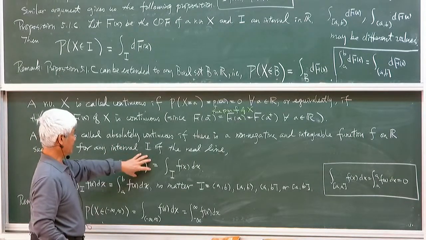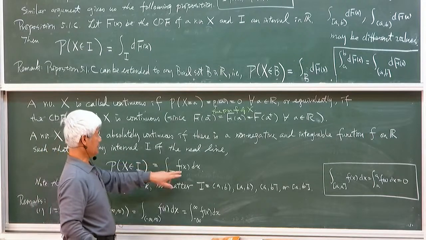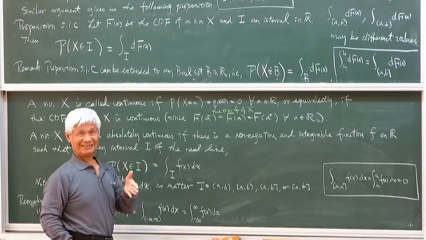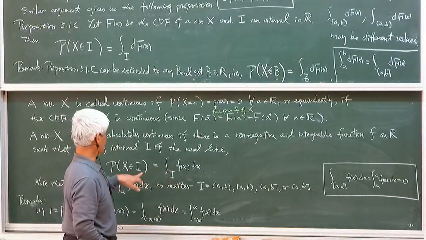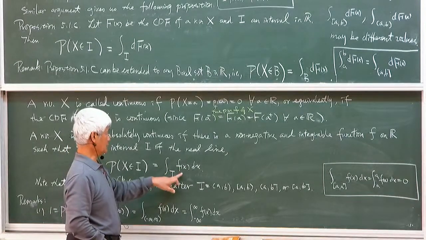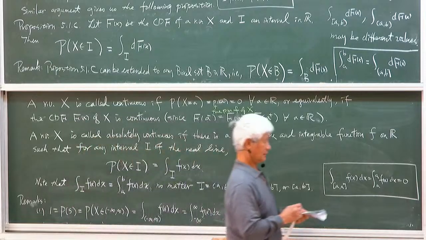And the mass is just the integral of the mass density function, just like in physics, right? Over the same range. Okay. So this is called the probability density function.